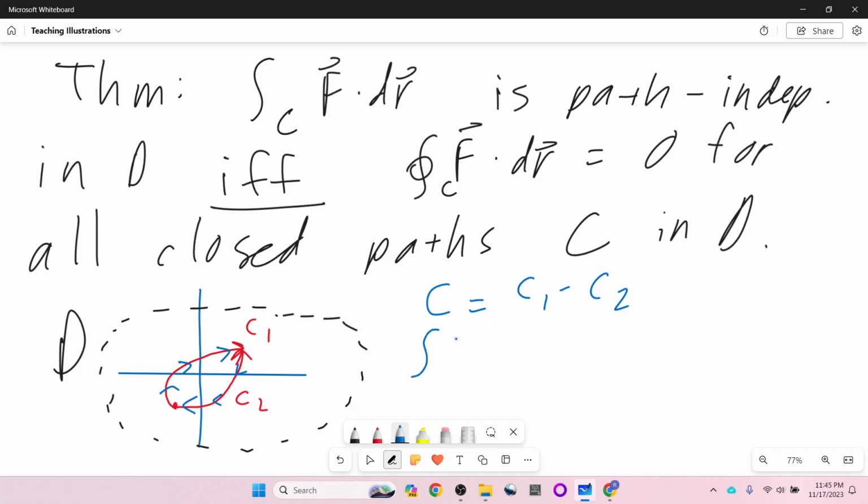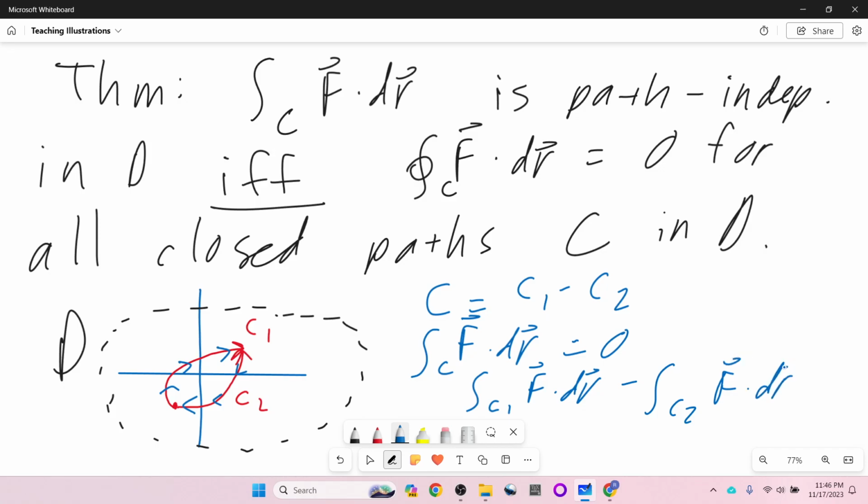Well, the integral of F dot dr, we're saying if it's 0, then that means the C1 integral minus the C2 integral is also 0. But that's the same as saying they're equal to each other.